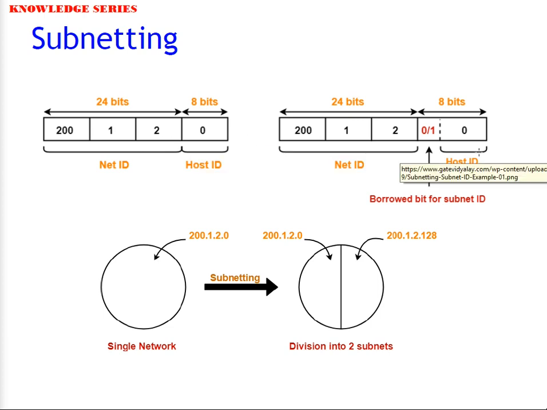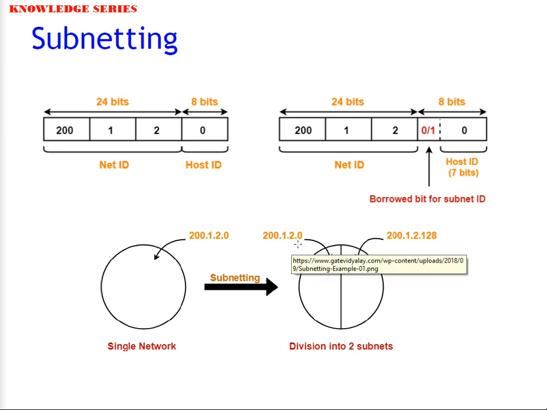What is your next ID? That is your 1. You have a range 200.1.2.0, and the next one is nothing but 200.1.2.128, because this is your 1.